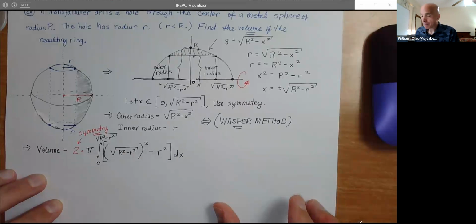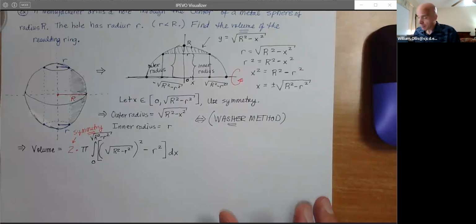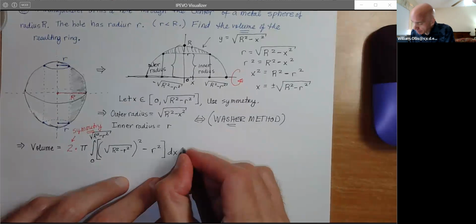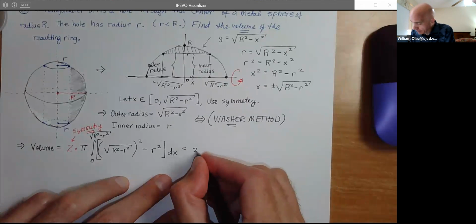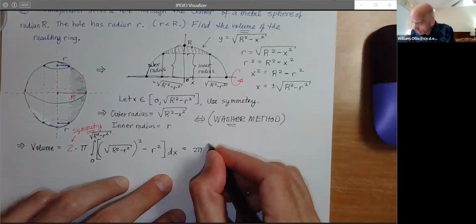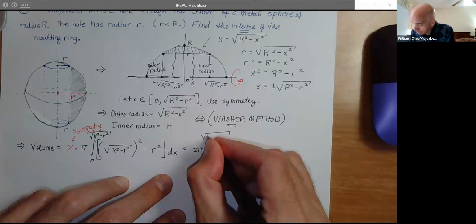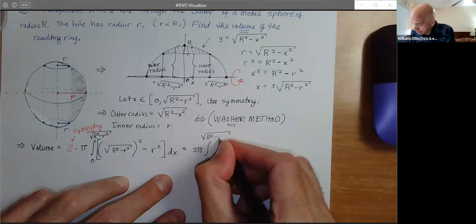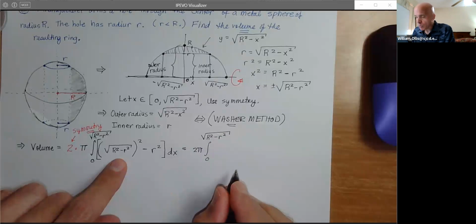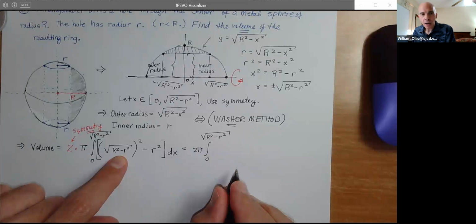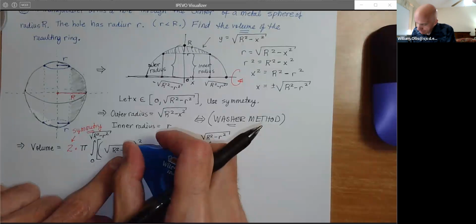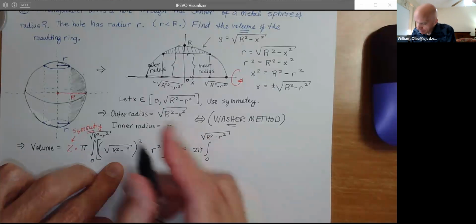That's it. Very simple. So now we have 2 pi. We have the integral from 0 to the radical. And now, of course, when we square this, oh, and sorry, that's an x.